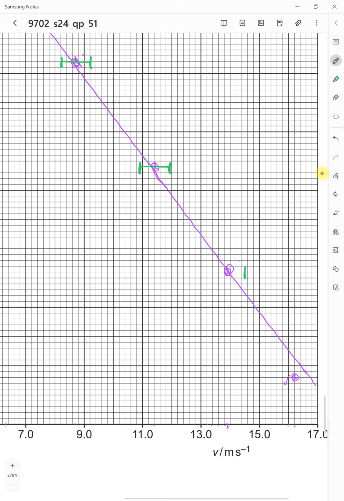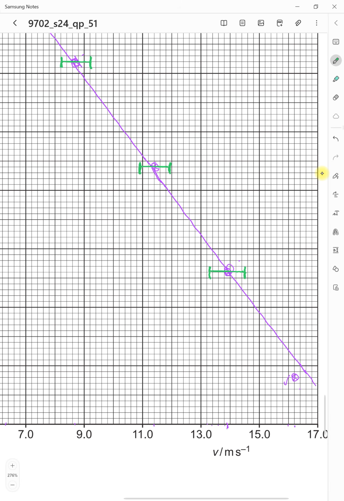One, 2.5. So this is in the center of the box. Then I will join the bars. Please use a ruler for the error bars.